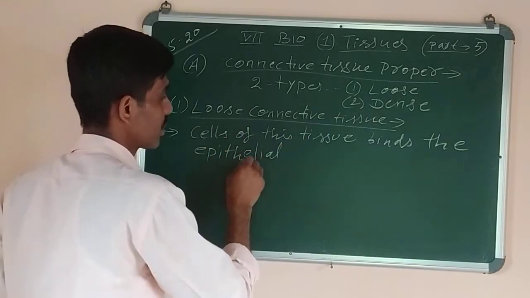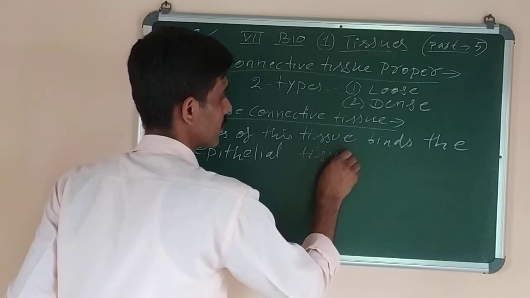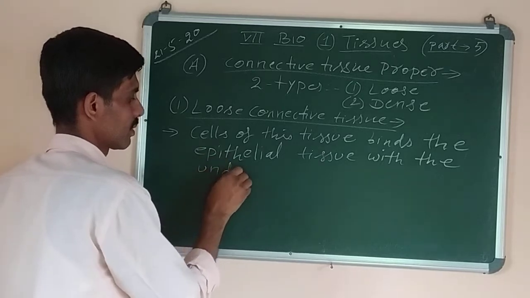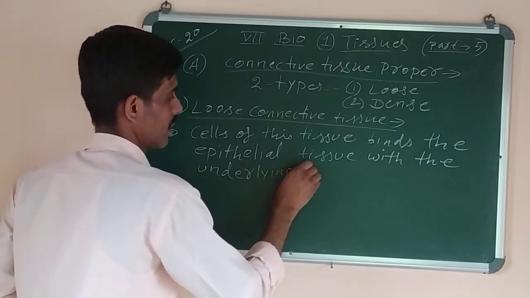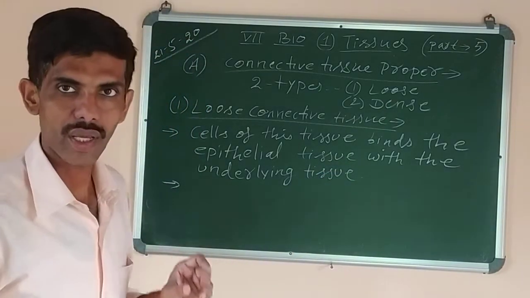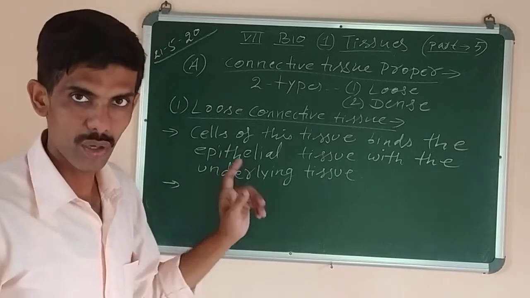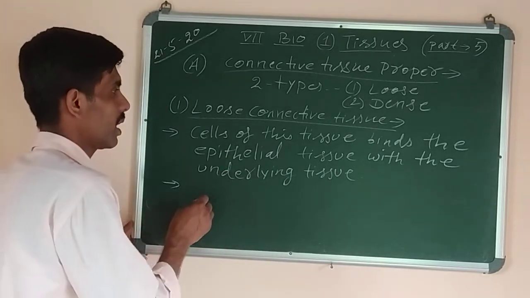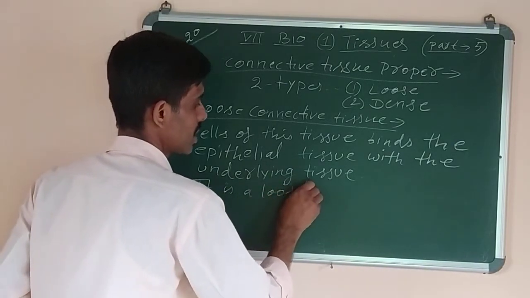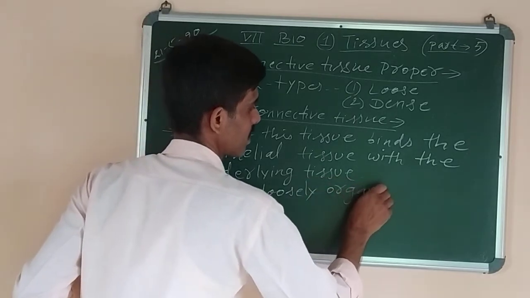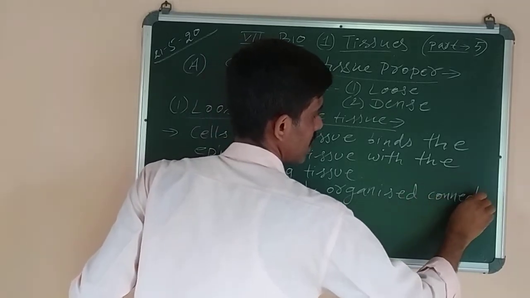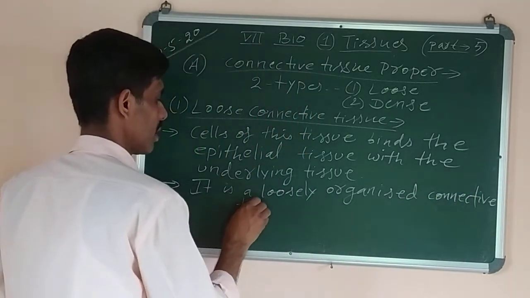So cells of this tissue bind the epithelial tissue with the underlying tissues. Second point you can write, it is a loosely organized connective tissue. Loosely organized means the way it is arranged.